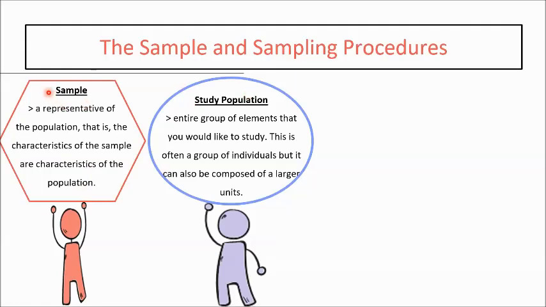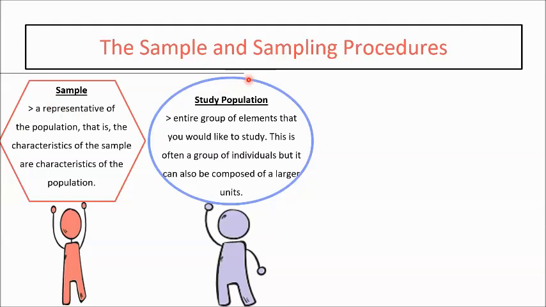So if those 100 students answered that there is no negative effect of playing mobile games, then the answer of the whole population, the entire group, is that there is no negative effect, even if some of them said there are negative effects.